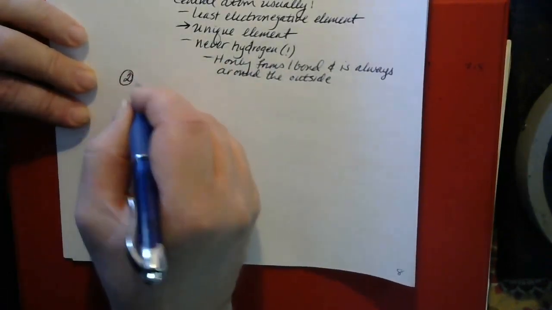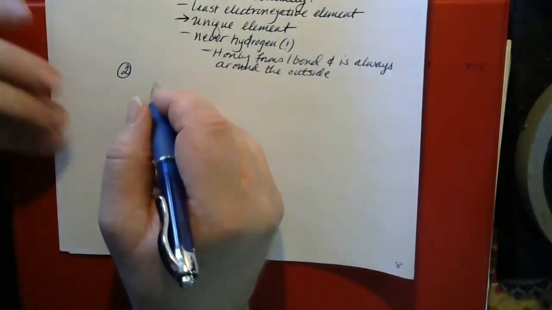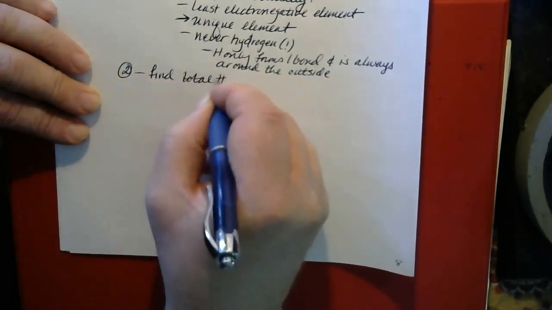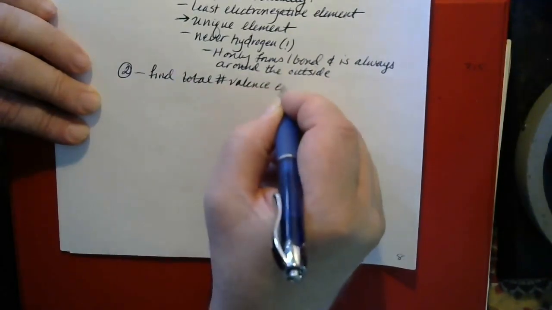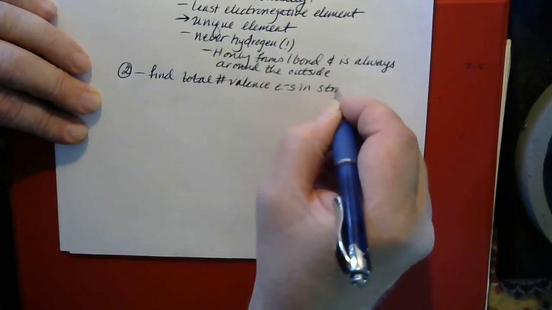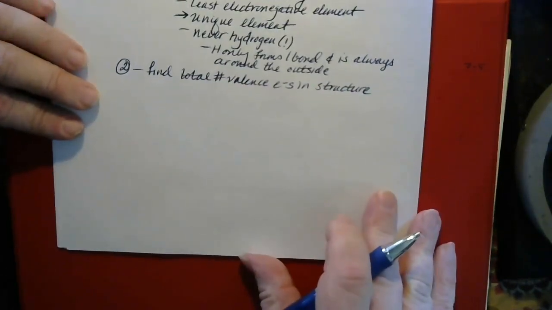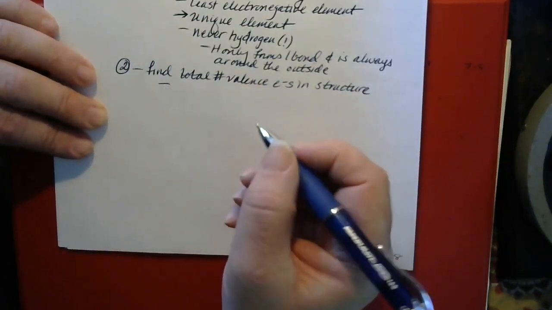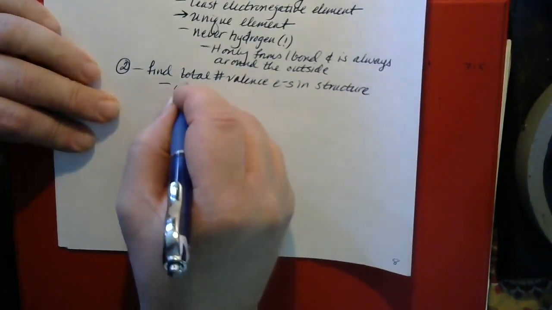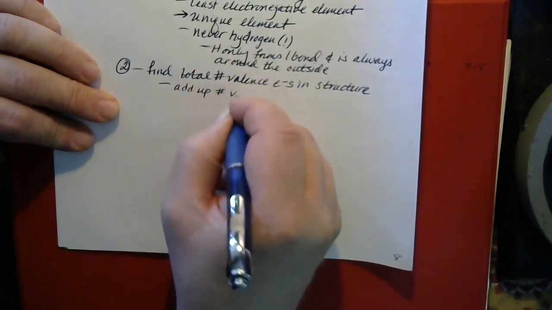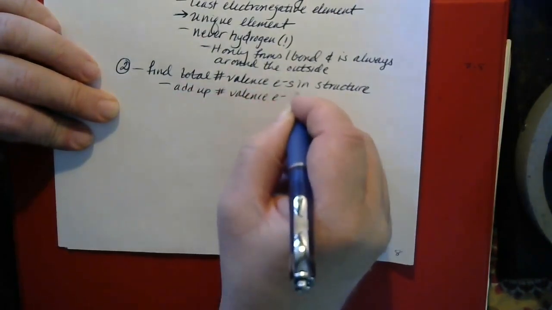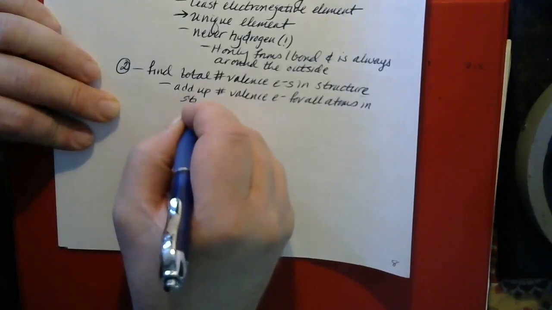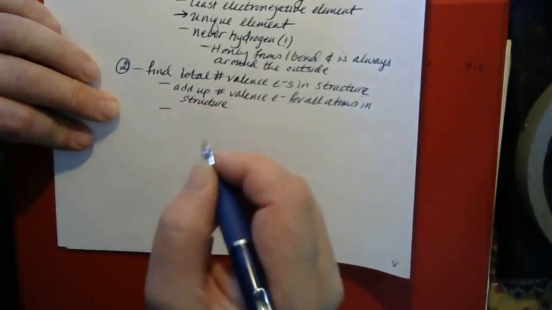All right, number two is find the total number of valence electrons in the structure. Okay, so that means add up valence electrons for all of the atoms of all of the elements in the formula. Okay, so you do that.